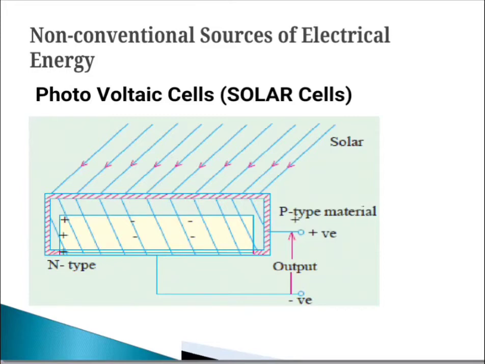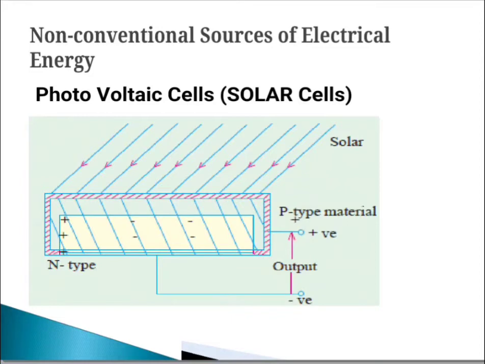The output voltage and current obtained from a single unit of the photovoltaic cell is very less. The magnitude of the output voltage is 0.6 volt and that of the current is 0.8 ampere. Different combinations of cells are used for increasing the output of the photovoltaic cells.